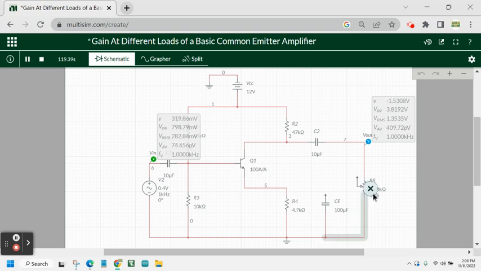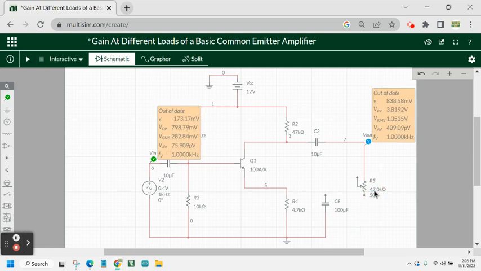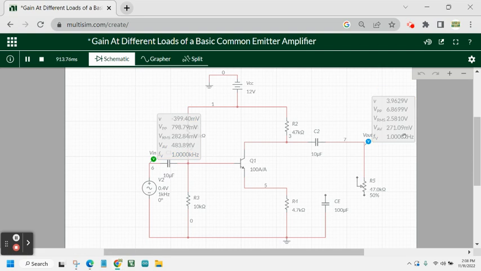And of course, if you remove the load resistance, then the output voltage is at its maximum of 6.87 volts.